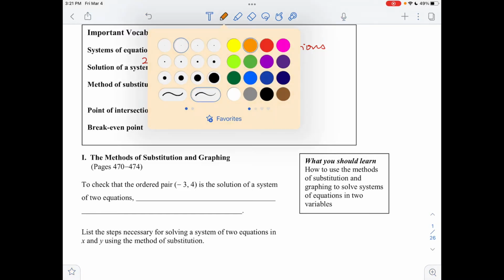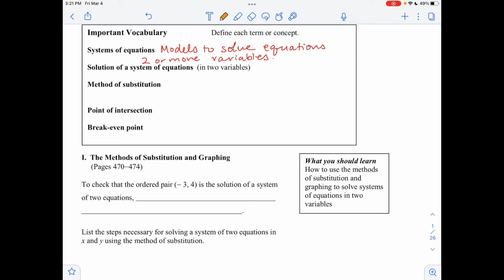A solution of a system of equations in two variables specifically is the point x comma y where it satisfies each equation in the system.